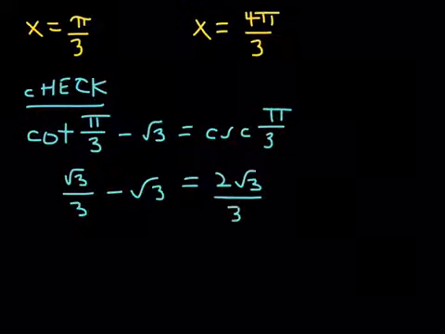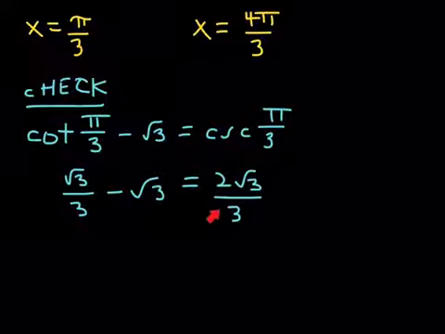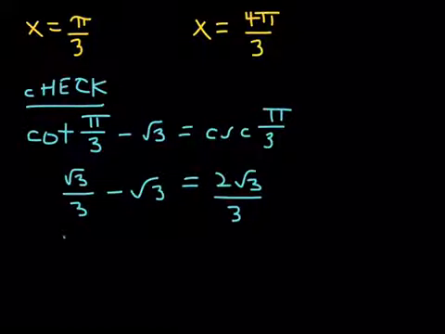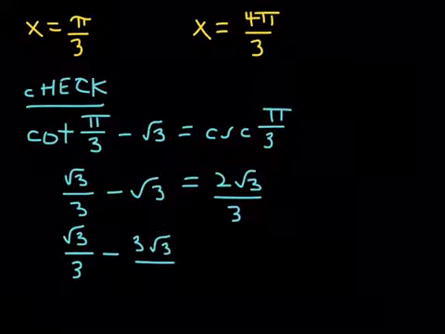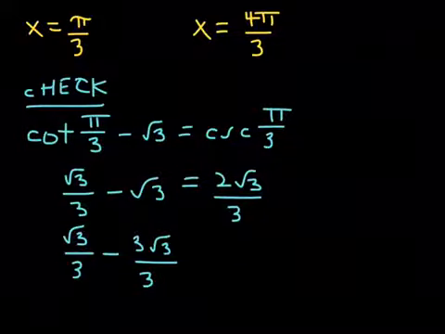We have to confirm that this left-hand side is equivalent to 2 root 3 over 3. Let's check. On the left-hand side, you need common denominators. You'd have to multiply the second term here by 1 in the form of 3 over 3 in order to get common denominators, right?